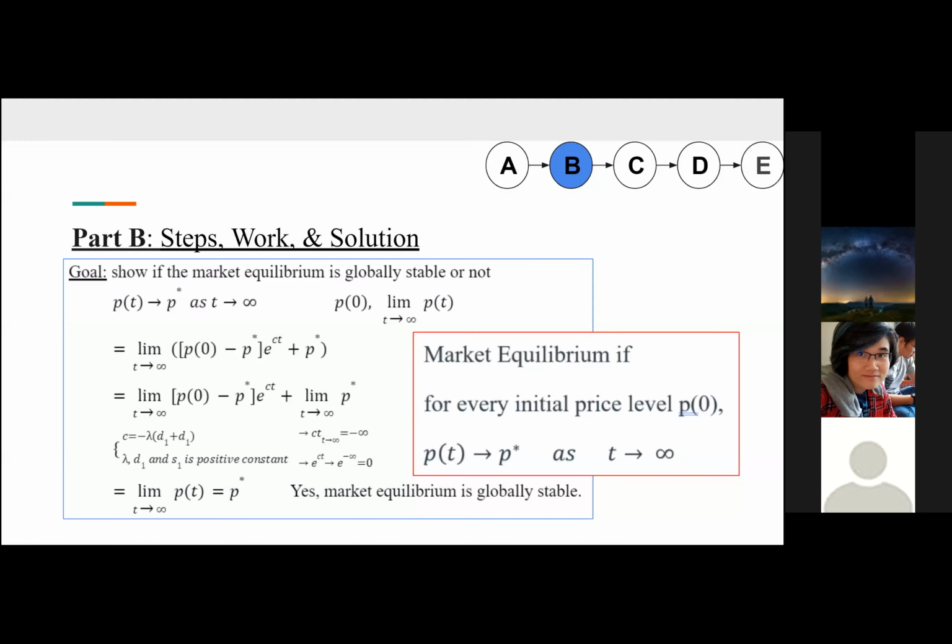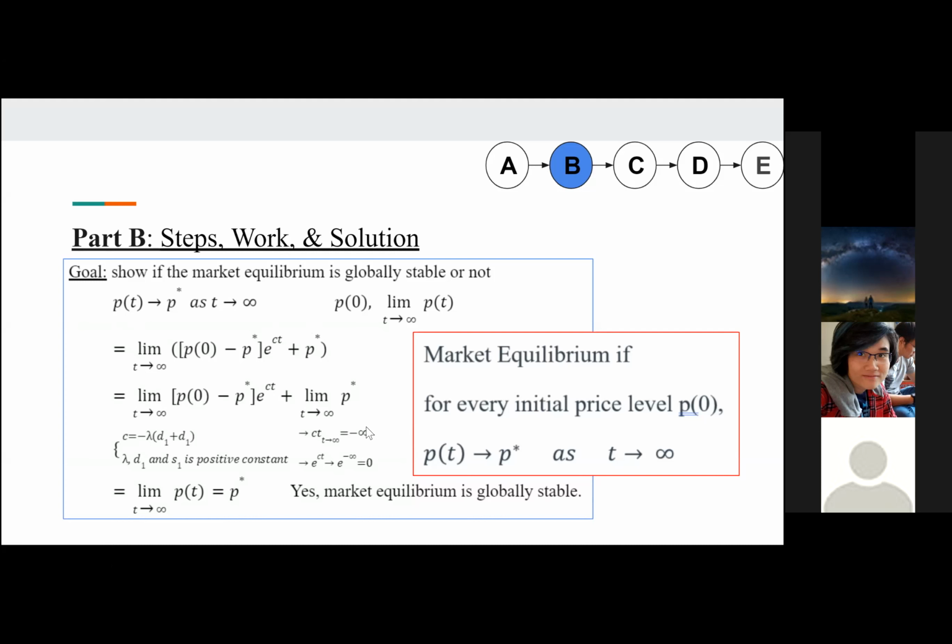To find out whether it is stable, we will use the limit of P(t) as t approaching infinity. Substituting that into the limit, e to the power of ct will reach negative infinity.